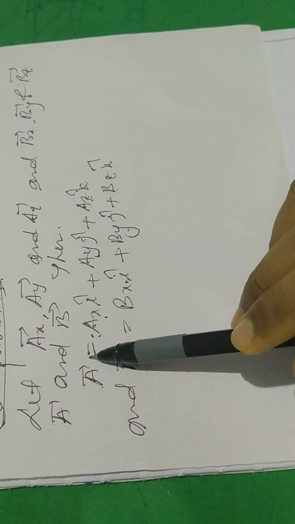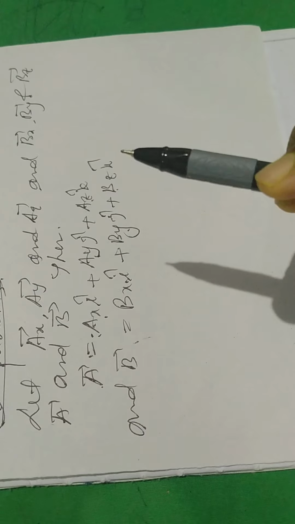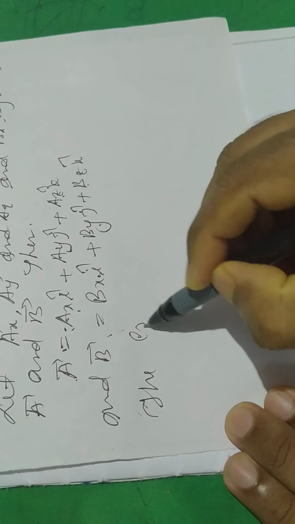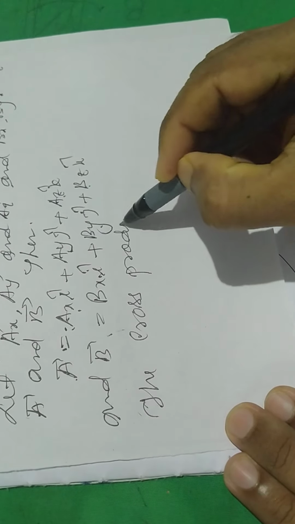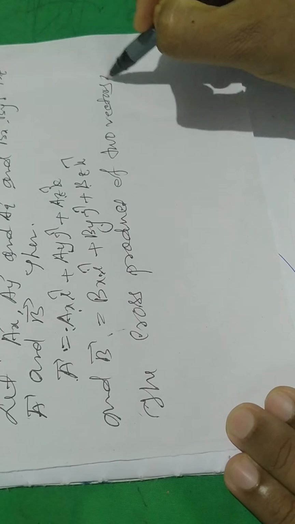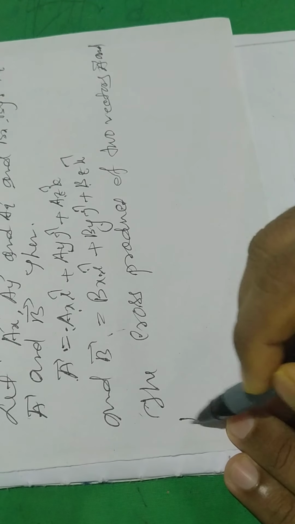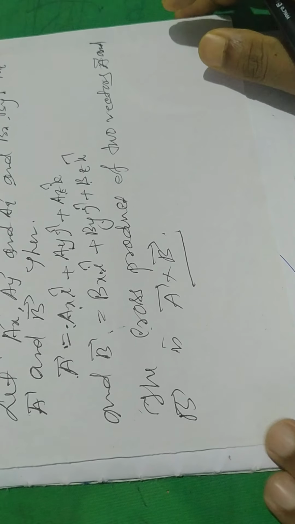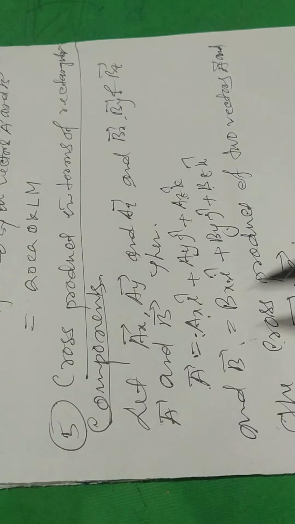Now we have to take the cross product of these two vectors, A cross B. Very shortcut we will write. To find the cross product of these two vectors, we have to take a determinant. This new concept you will learn in detail in mathematics.